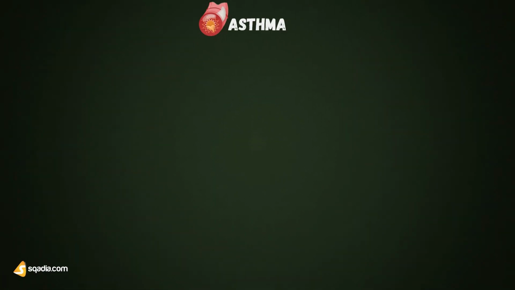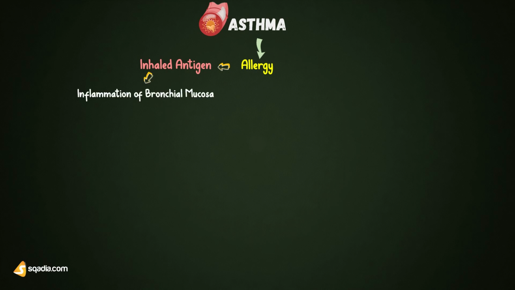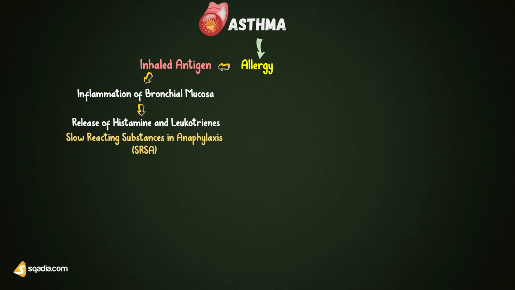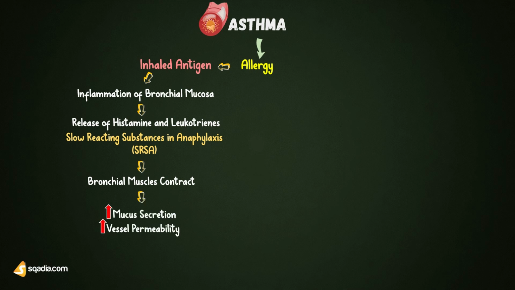What happens in asthma is that there is an allergy to inhaled antigens, which causes an inflammation of the bronchial mucosa, leading to the release of histamine and leukotrienes, called slow-reacting substances in anaphylaxis, or SRSA. The bronchial muscles contract, and mucus secretion, as well as vessel permeability, are increased under the influence of these mediators.